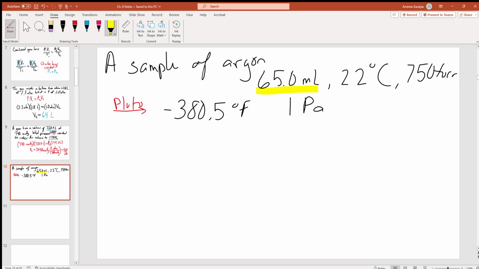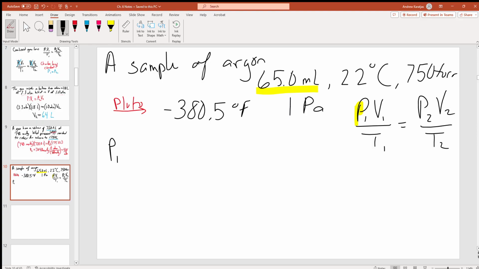So at this point, we might not have a good guess on which way our volume is going to go. I like to do the following to help set up a problem like this. Given that we're dealing with pressure, volume, and temperature, this is going to be a combined gas law problem. So P1 V1 over T1 equals P2 V2 over T2.